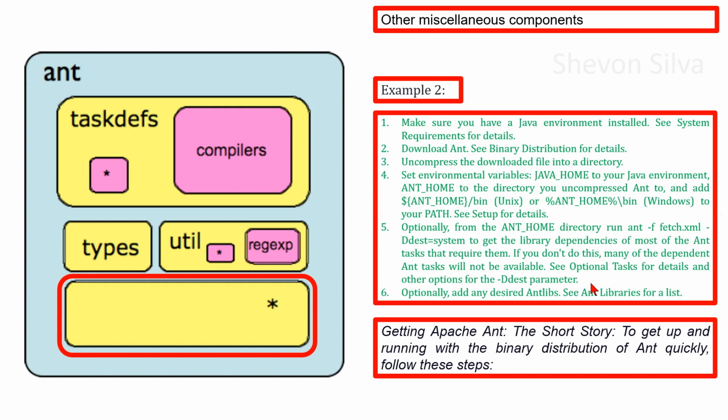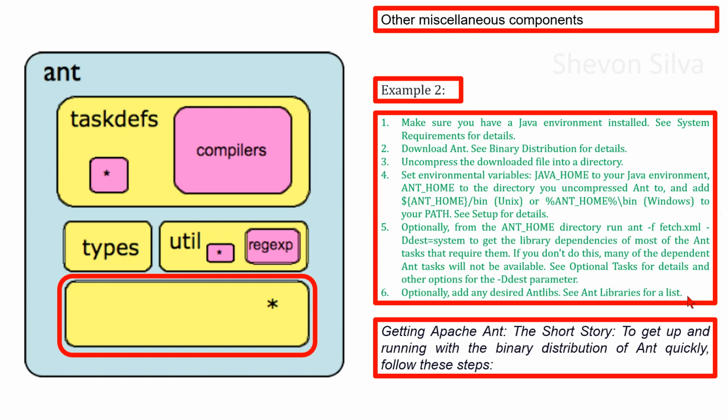If you don't do this, many of the dependent Ant tasks will not be available. And step 6, optionally add any desired Ant libs. Note that the links in the list above will give more details about each of the steps should you need them, or you can just continue reading the rest of the documentation.